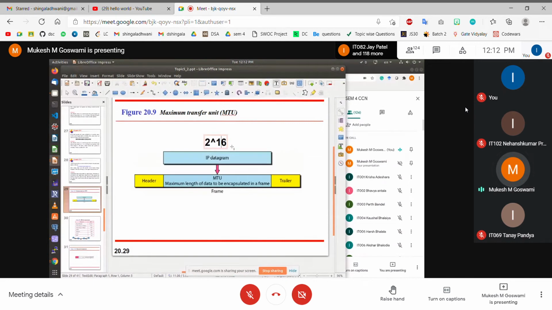So the minimum size of the packet can be equal to 20 bytes, where we are assuming that there is only header, there is no data associated with the packet. So that is going to be a minimum packet of 20 bytes. And then the maximum packet that we can have is 65536 or something, right? So this is the minimum to maximum, but the actual IP packet can be anything in between. It can be any value starting from 20 to this particular value.